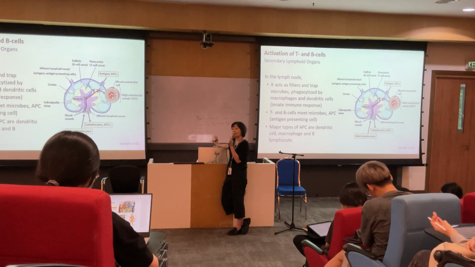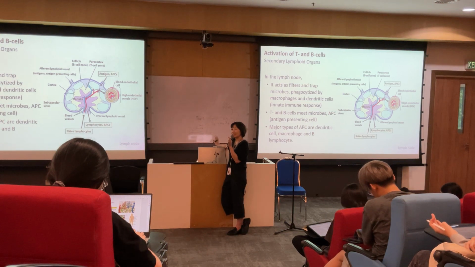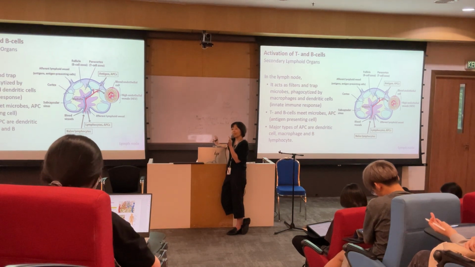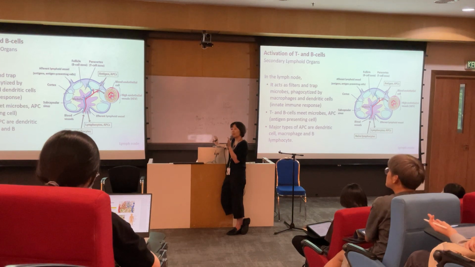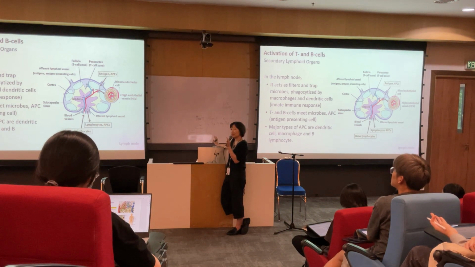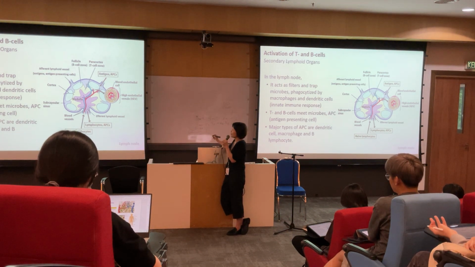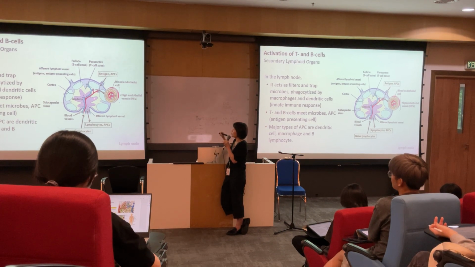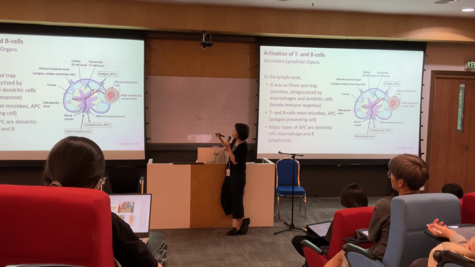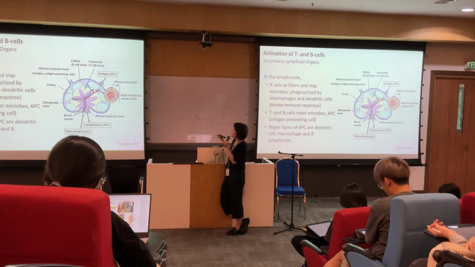Antigen-presenting cells such as macrophages and dendritic cells engulf the bacteria. They bring the bacteria, whatever the pathogens, into the lymphoid system, and they will pass and go into the lymph node. So this is one of the lymph nodes, considered as one of the secondary lymphoid organs.